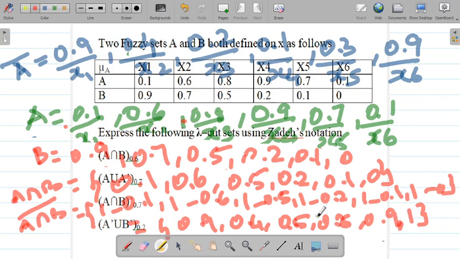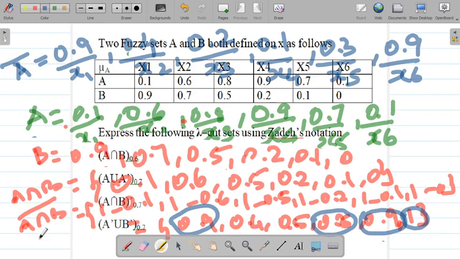Here they are asking for A intersection B the whole bar with lambda cut 0.7, which means we should find the values greater than or equal to 0.7. So 0.9 satisfies the condition, next 0.8, next 0.9 and 1. So in total 4 variables satisfy the condition.